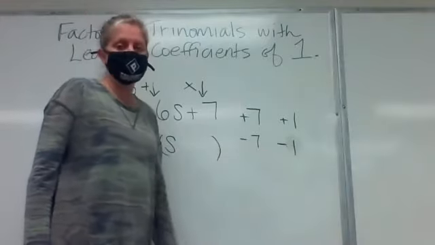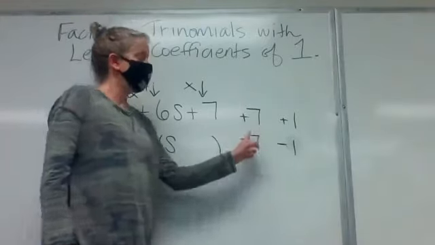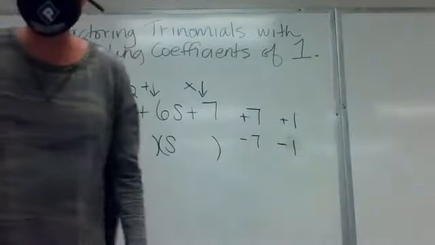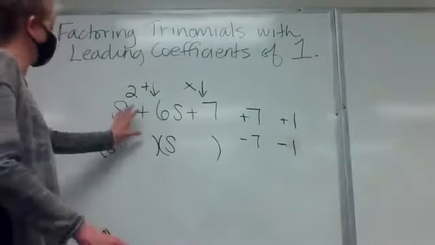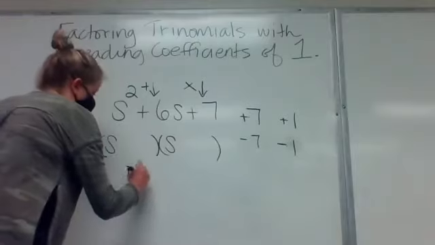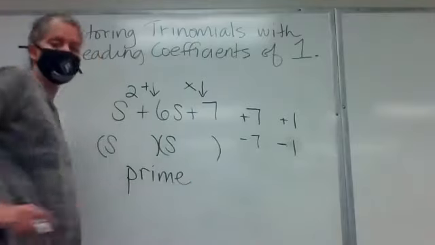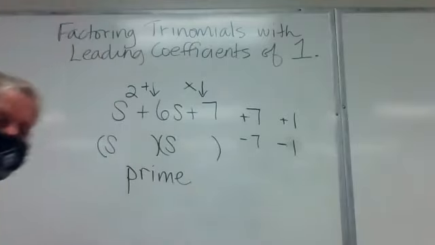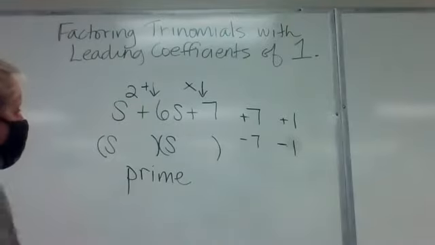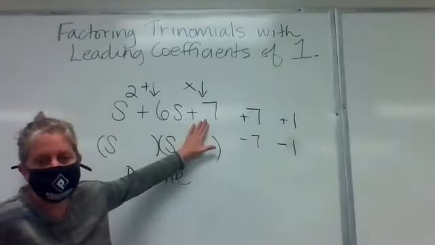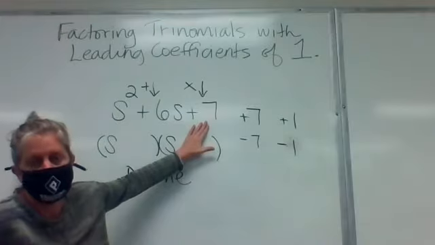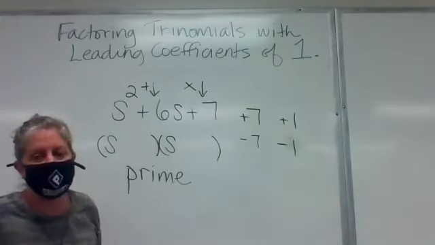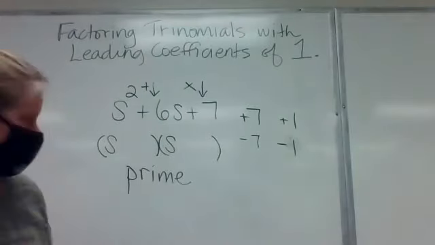What's negative 7 minus 1? It's negative 8. Neither one of these do that, which just means this trinomial is called prime. The numbers just don't work. There are no ways to multiply to equal positive 7 and at the same time add to equal positive 6.